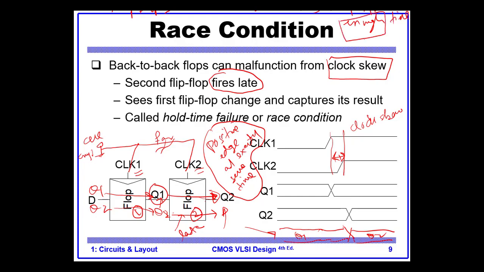Why enough? Because actually it should have waited for flip-flop 2 to pick Q1 and throw it at the output. But because flip-flop 2 was late to pick up Q1, flip-flop 1 has changed its output from Q1 to Q2, and flip-flop 2 mistakenly samples Q2 and puts it on the output.